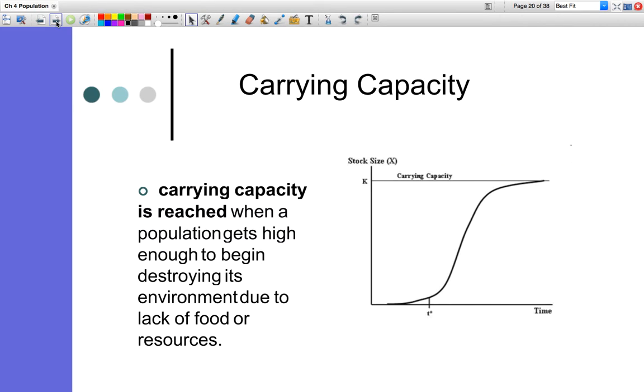Carrying capacity. Carrying capacity, again, we talked about this with our population game, is reached when a population gets high enough to begin destroying its environment due to lack of food or resources. So we noticed the other day during our population game that when our populations got up to 16, 17, 18, 19 deer, there were only 3 or 4 or 5 resources available in our habitat.